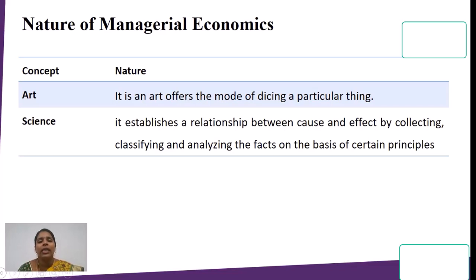So we call this science as we can do experiments in demand, supply, and production processes, and they can be proved in turn, which makes managerial economics a science with a relationship between cause and effect. What causes the demand? How can the effect of the demand be collected, verified and checked in science.